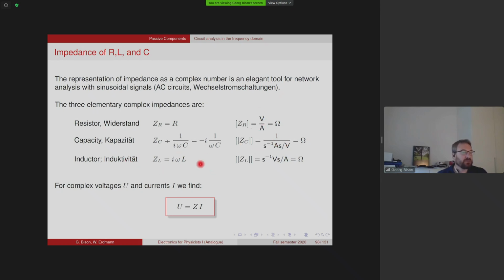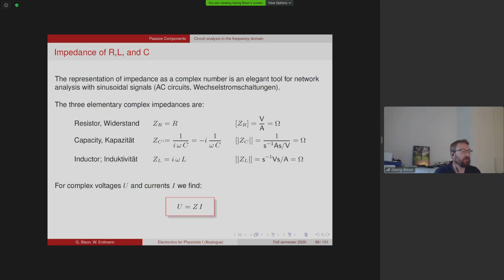And then for an inductor, we saw that our factor has to be omega times L, and here we have to have this positive i to get the correct phase shift. And again, the units work out: if we take the absolute value of this, we multiply inverse seconds with volt seconds per amp, which again is ohm.